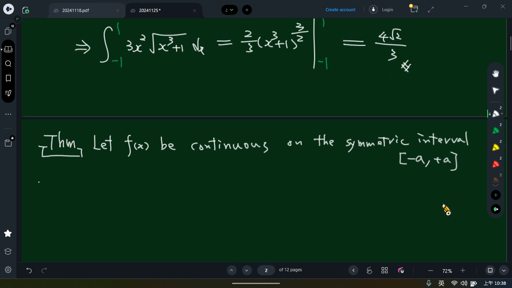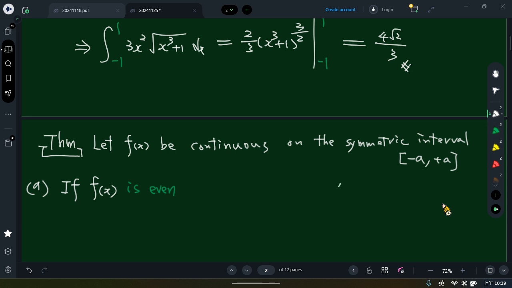So if f(x) is even, do you still remember what an even function is? The curve will be symmetric on the y-axis. Do you remember? Symmetric, if it's an even function.